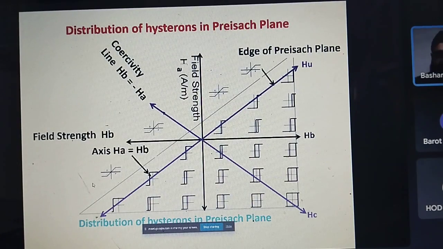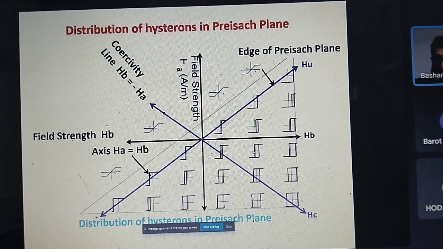So once again, to make it clear, what I am showing here is a Price-Sachs plane. In this plane, we have a reversibility line. Above this reversibility line, all the hysterons show the reversible contribution to the magnetization, and below this they show the irreversible contribution.